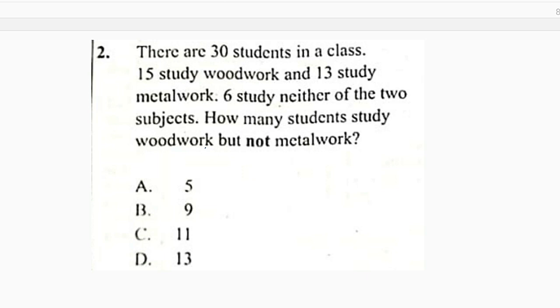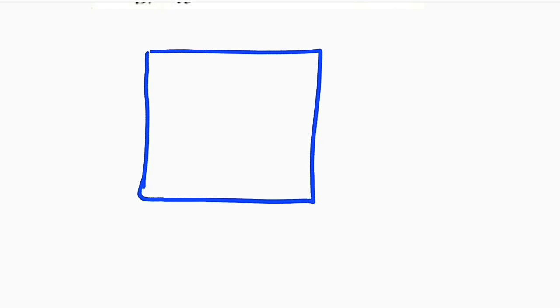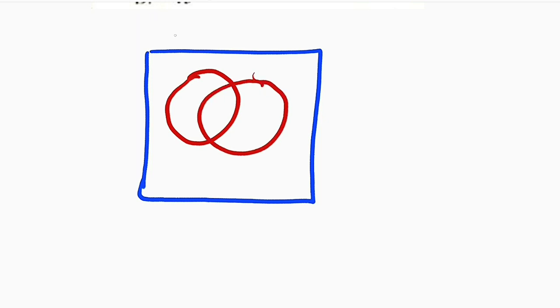I think the best way to solve this problem is to draw a Venn diagram. So suppose we have a Venn diagram like this. We have those that studied woodwork and those that studied metalwork. So this is woodwork, this is metalwork. And there are certain students that studied both metalwork and woodwork. They should be here. Since they are not given, we can declare them with X.